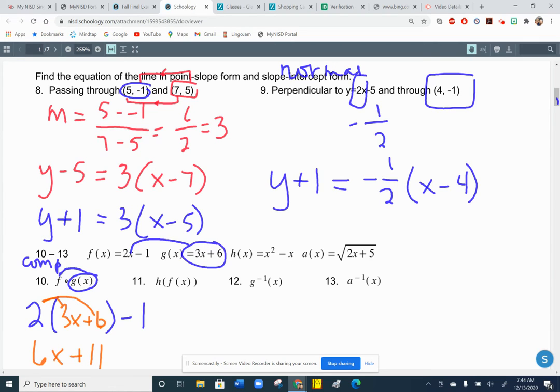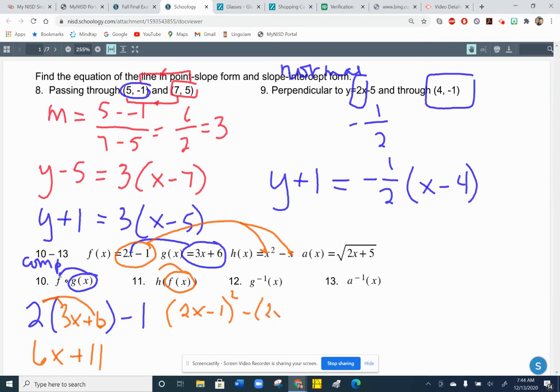Okay, likewise over here, we're going to plug the f function into the h. So we're going to take this f and plug it into both of these places in your h function. Okay, both of them. So we have 2x minus 1 squared minus 2x minus 1.